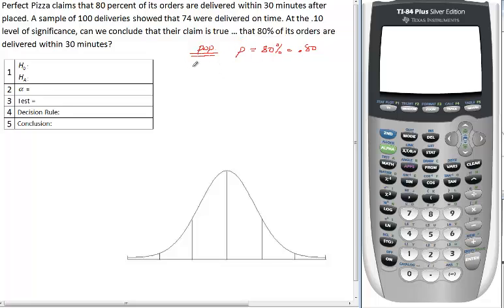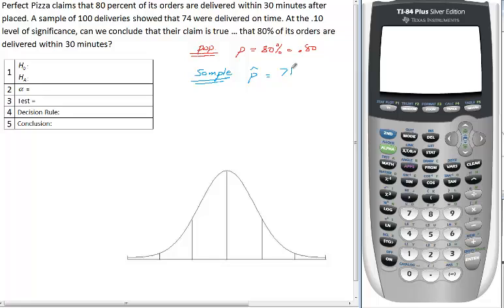Okay. Now let's look at some sample statistics. See what we're given here about our sample. We're given that a sample of 100 deliveries showed that 74 were delivered on time. So we're given a proportion, see that? And often referred to as p hat, the proportion of the sample.